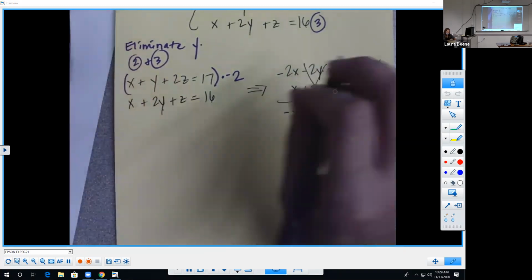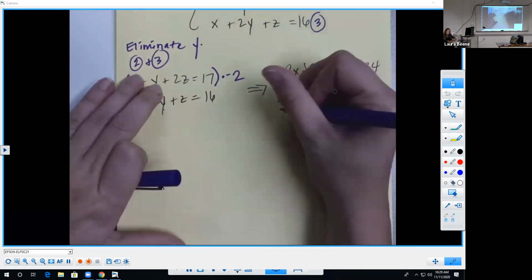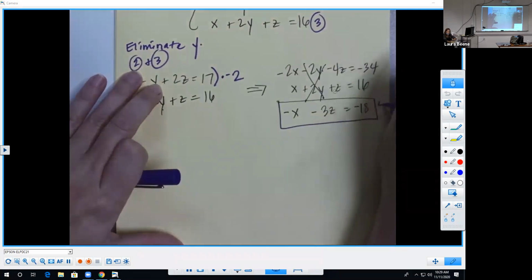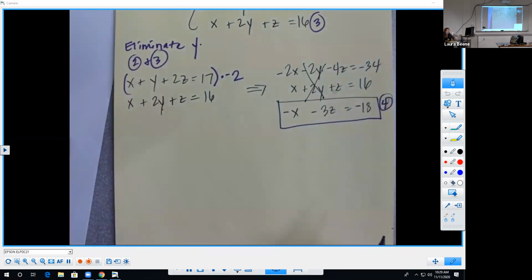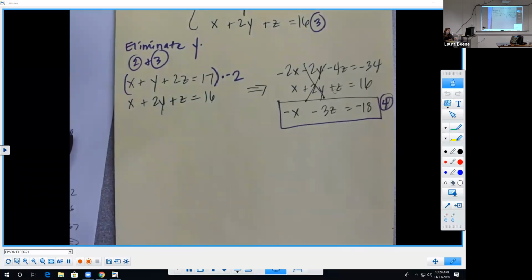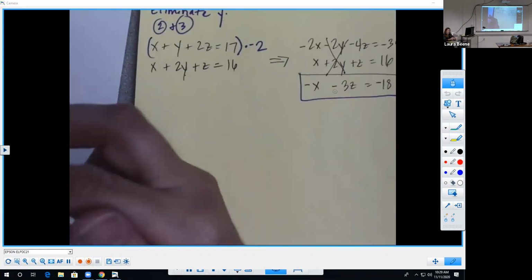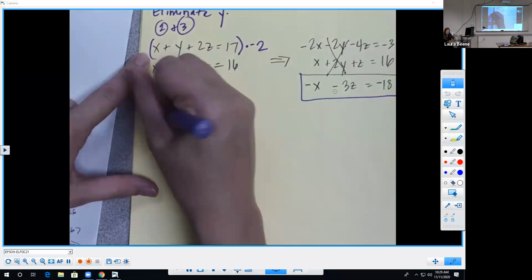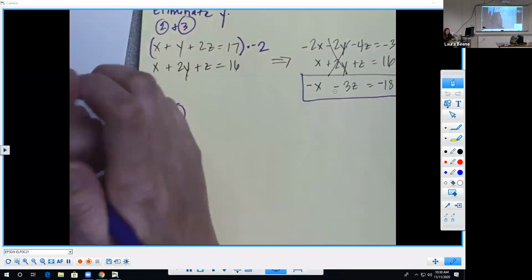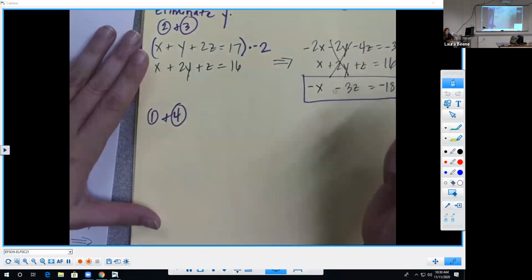Okay, so that new equation is equation number 4. Usually at this point, we do the same thing to 2 other equations so that we can get equation number 5. But in this case, I didn't actually have to because equation 1 suffices for that. So now I'm going to take 1 and 4 and solve with those.